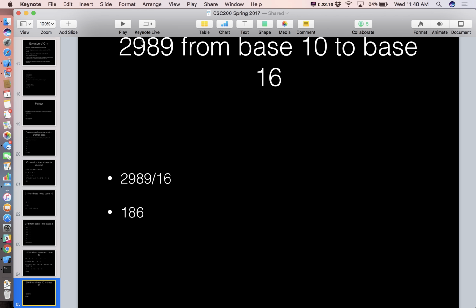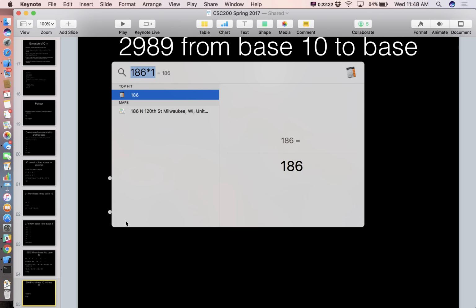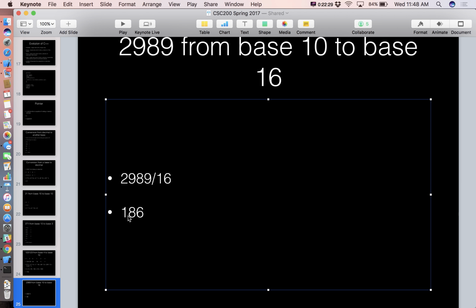All right. So we're going 2989 from base 10 to base 16. 2989 divided by 16 is 186. 186 times 16 gives me 2976. So 2976 has a remainder of, what is it, 13?